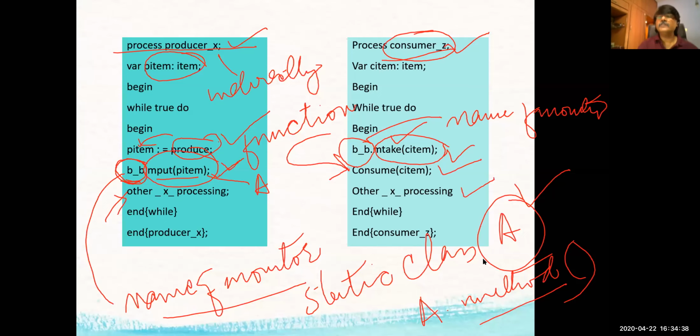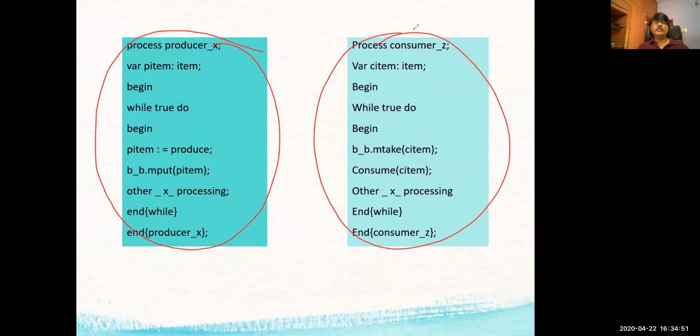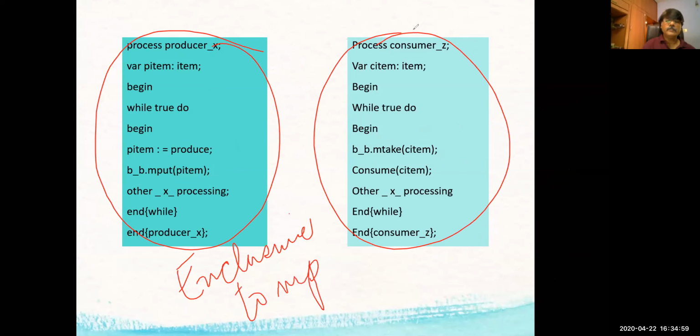So what you see here is that the code of the producer and consumer becomes very simple, because all the manipulations of the buffer are done by the monitor. Nothing is to be taken care of by the producer and consumer. The monitor allows exclusive access to the input function and mtech function.